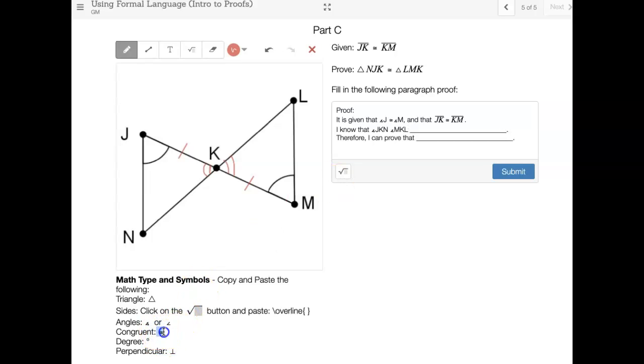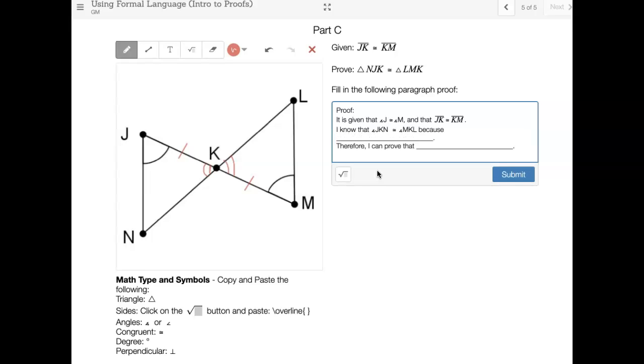Again, I did my angles first so I wouldn't have to recopy the angle symbol. And there it is: angle JKN is congruent to angle MKL because vertical angles are congruent. We're almost out of here, my friends. Go ahead and delete this. Therefore, I can prove that the triangles are congruent.